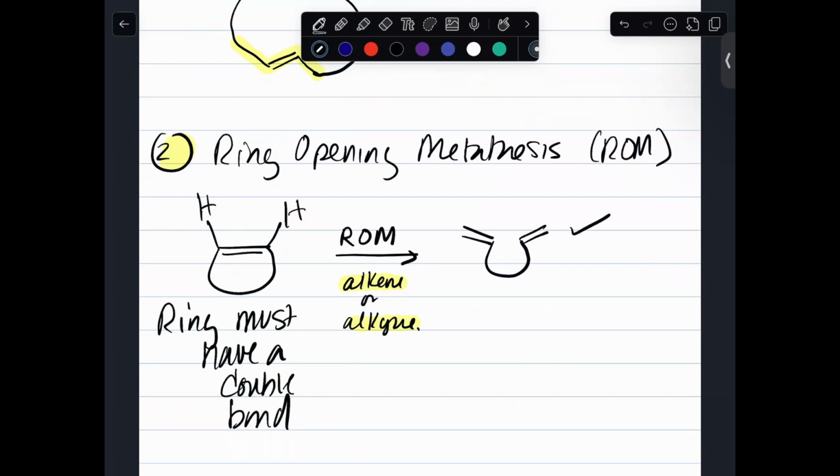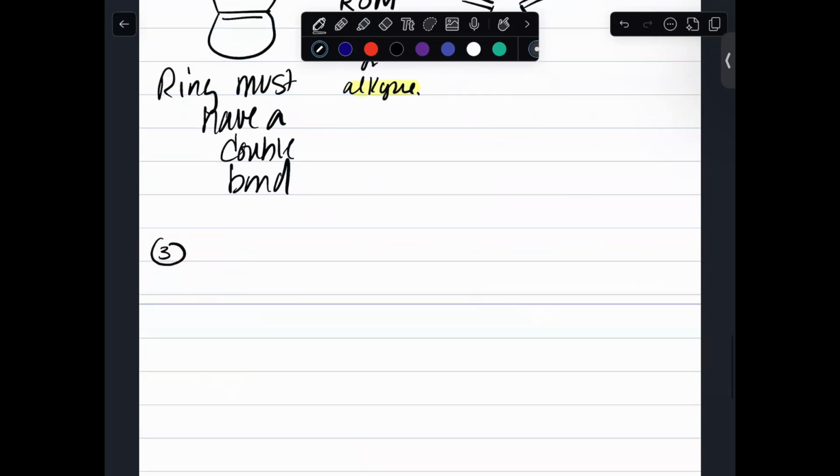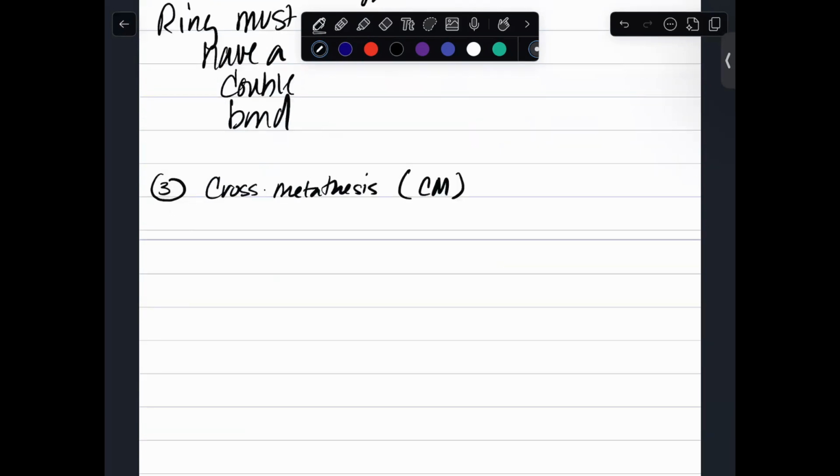And then finally, the third one is just known as cross metathesis. It's the least popular of the three, and it just requires two alkene systems.